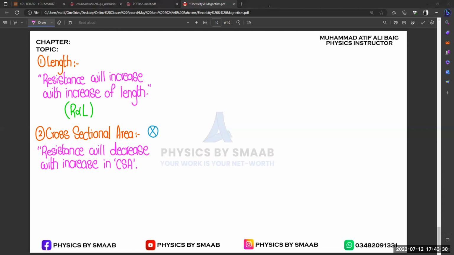So basically, if you want to write it in the form of an equation, R is inversely proportional to A, like this, right?